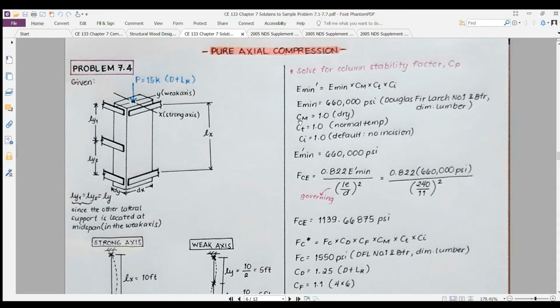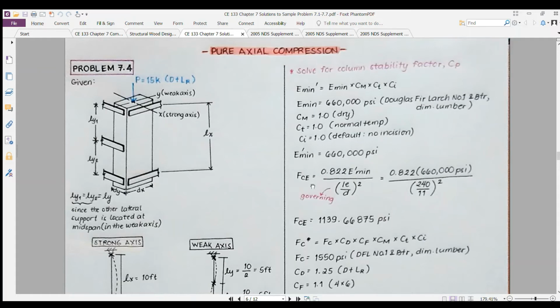We have a value of C sub M of 1.0, since it is assumed to be a dry condition, a value of C sub t equal to 1.0 due to the normal temperature, and C sub i of 1.0 since there are no details regarding incising of the column. So our adjusted modulus of elasticity, E prime mean, is still 660,000 psi.